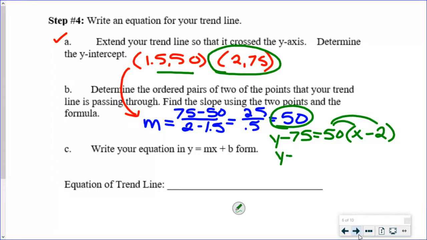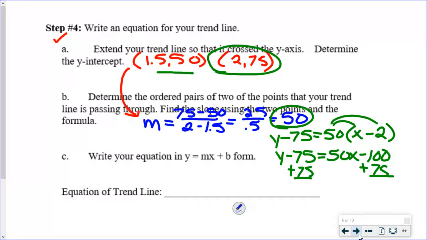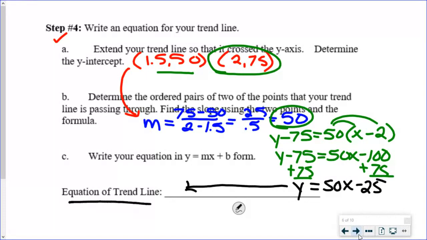So we have y minus 75 equals 50(x minus 2), and then I'm going to add 75, and I get y equals 50x minus 25, or plus a negative 25. And that is my trend line, my equation of the line.